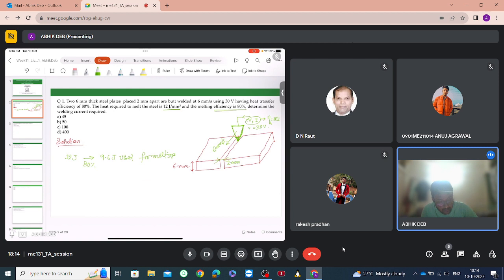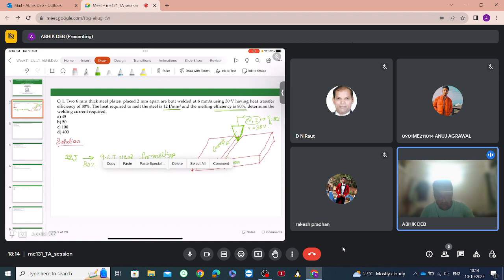Since 12 joule itself is required for melting, we need to supply more than 12 joule for the melting of 1 millimeter cube.